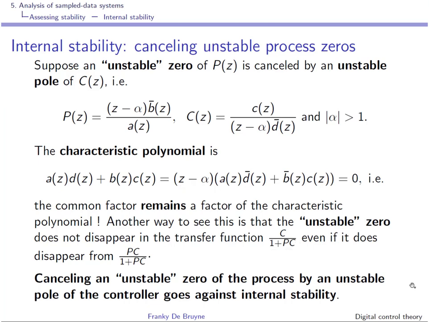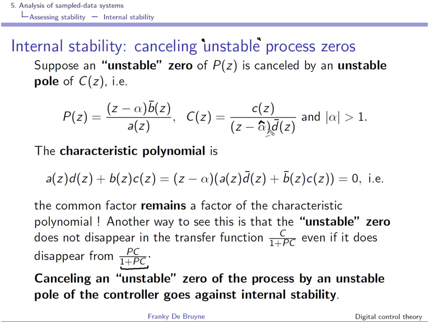Well, in practice, if you cancel the unstable zero of the process by a pole in the controller, even this transfer function will become unstable, because this process has an, between quotes, unstable zero, but you'll never be able to cancel it exactly, because here you work with an estimate of alpha, which is never perfect, or this alpha might be a zero that will be work point dependent, right?